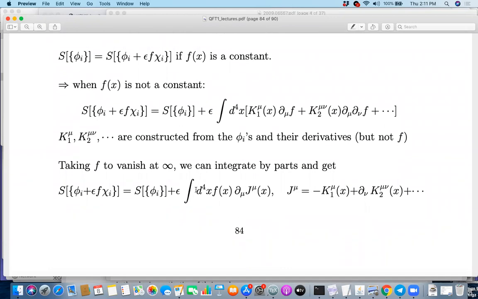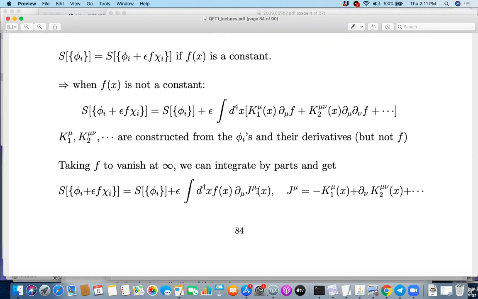Okay, so we are halfway there. So this tells us that as a consequence of symmetry, if you vary phi I by epsilon times f times chi I, where epsilon times chi I would have been a symmetric transformation, but we are just multiplying it by some arbitrary function of x, then it can be shown to be equal to S of phi I plus a term which has this general structure. Okay? There is some j mu that has to be constructed in every case separately.